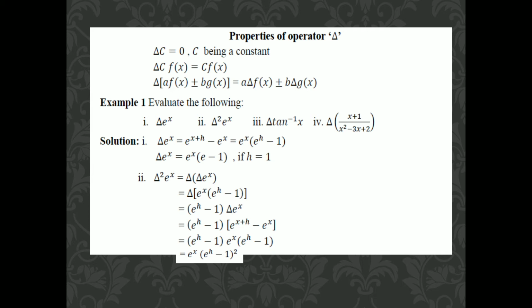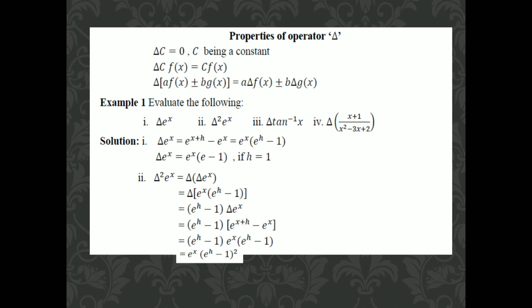First of all, we have to evaluate delta e raised to x. When delta is operated on the function e raised to x, it gives the difference between e raised to (x plus h) minus e raised to x.